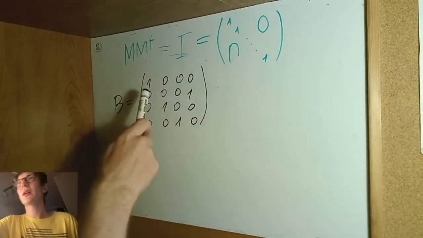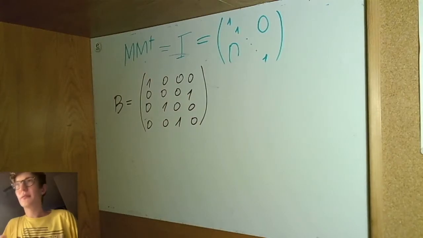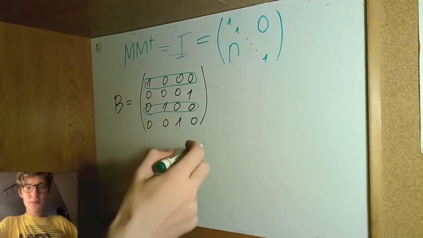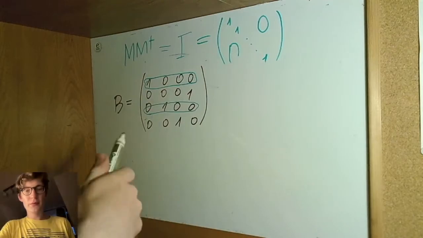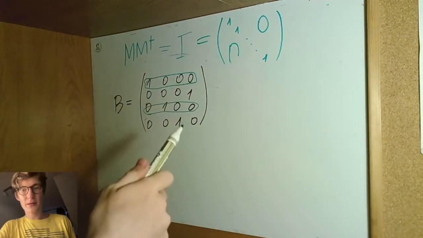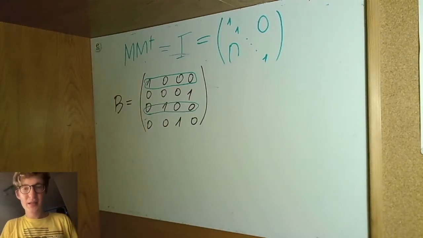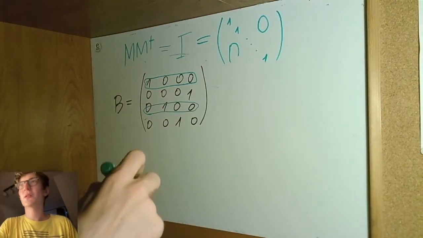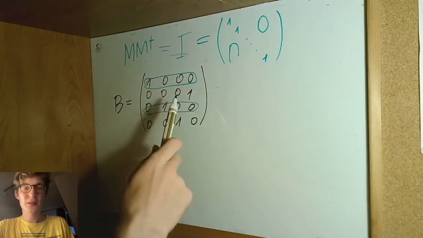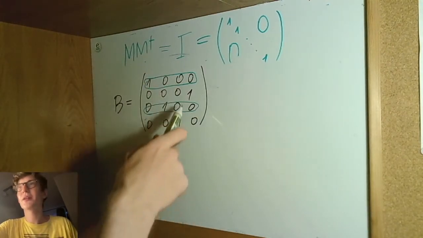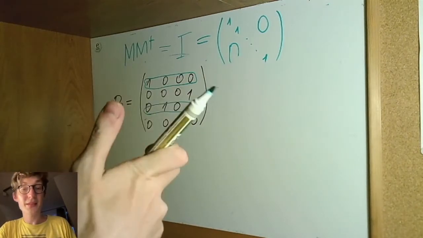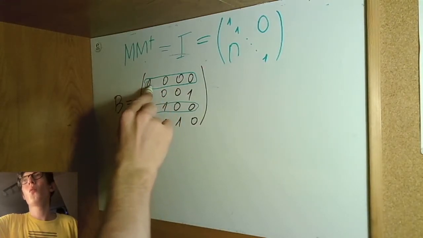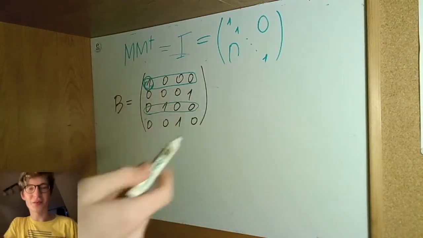If we take a dot product of the transpose of any of these row vectors with any other row vector, we get 0, just because we have only one 1 in each of the columns, right?